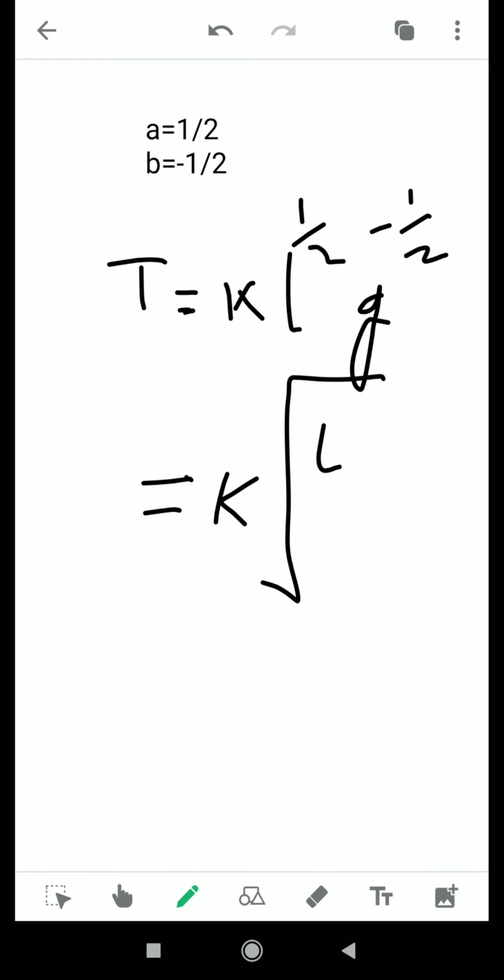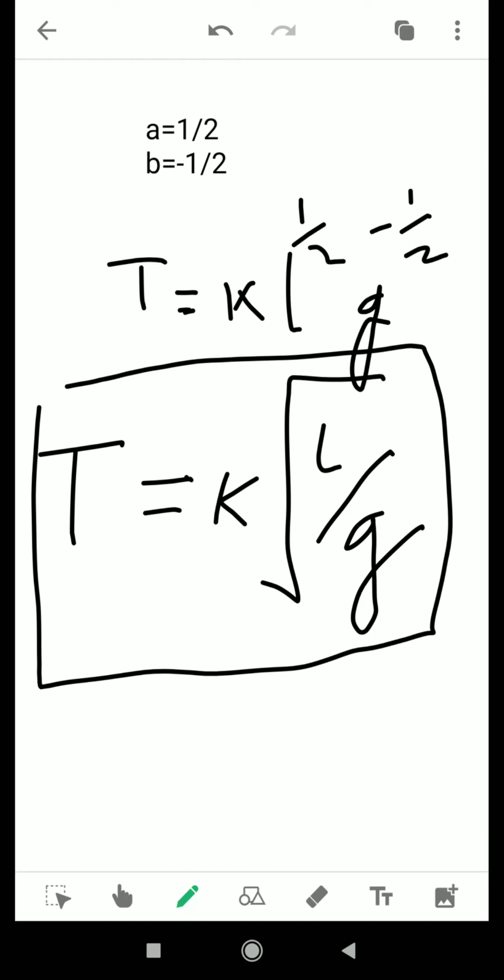Half is the root, so K into root over L by g. So time period equals K into root over L by g. So we have got the equation. Clear? We have got the equation from this.